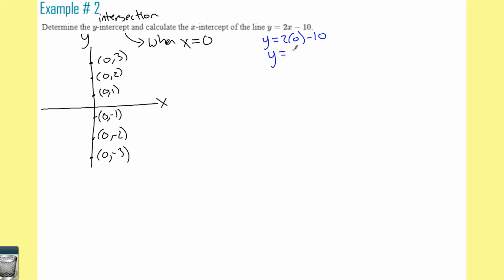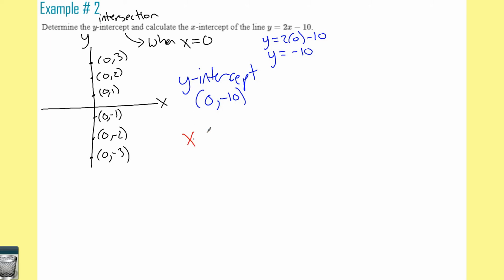So we get y equals negative 10. We also could have known that by this being in slope-intercept form and this being the intercept. That's another way. If I ask you what the y-intercept is, it's a point, so you're going to write it as 0, comma, negative 10. That's how you write your y-intercept.